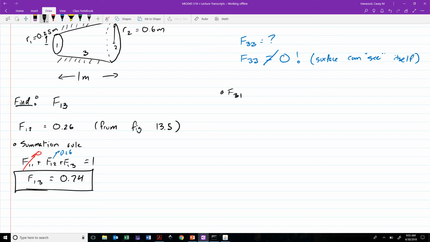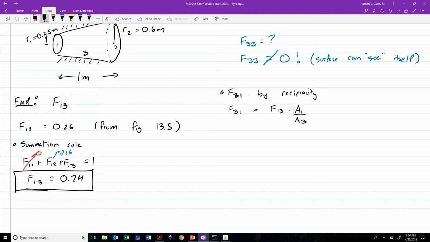If we know F13, we know the surface areas, we can get F31. So F31 by reciprocity would say that F31 is equal to F13 times A1 over A3.